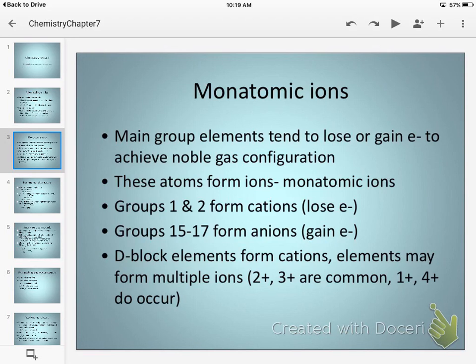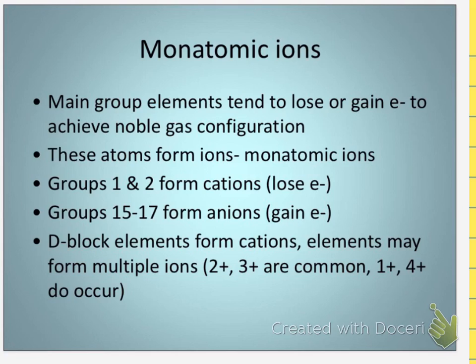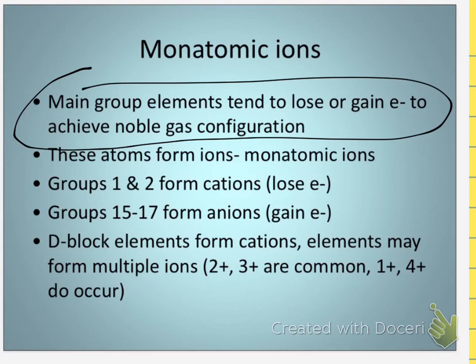Okay, so we're going to start off with ionic compounds, and we're going to start off talking about monoatomic ions. You all actually have a pretty good basis in this at this point. So we pretty much talk about monoatomics, and mono means what? One.